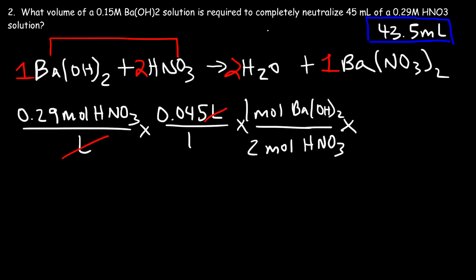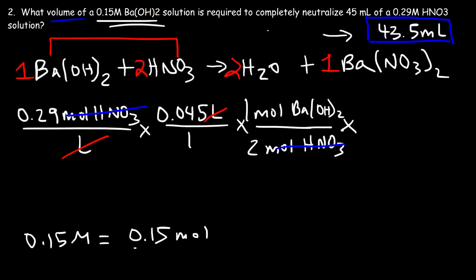So now we can get rid of the unit moles of nitric acid. Now the last thing we need is the volume. Let's get the volume in milliliters. Now we have the concentration of barium hydroxide. The molarity connects moles and liters together. So a 0.15 molar solution means that there's 0.15 moles of solute per 1 liter of solution.